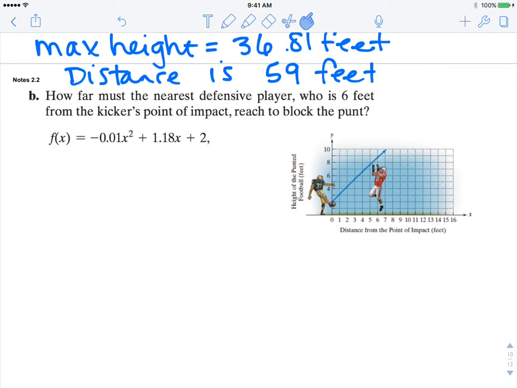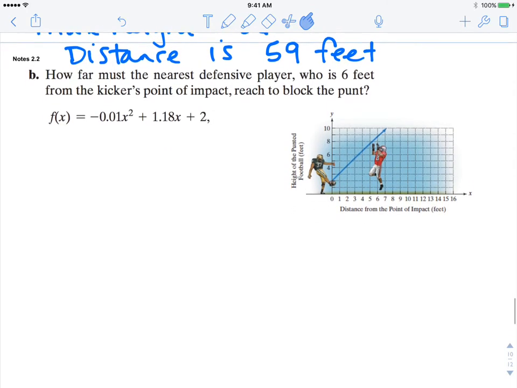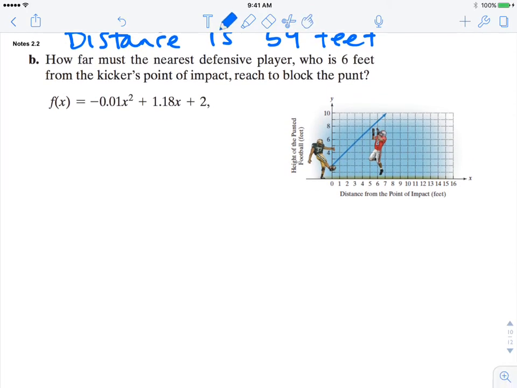Part B, it says how far must the defensive player, who is 6 feet from the kicker's point of impact, reach to block the punt? So here is our person that is 6 feet tall. And what we're looking for is evaluating the function when x is 6 feet.